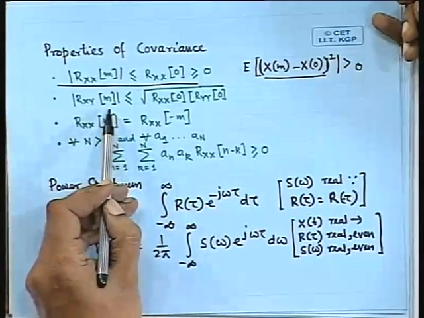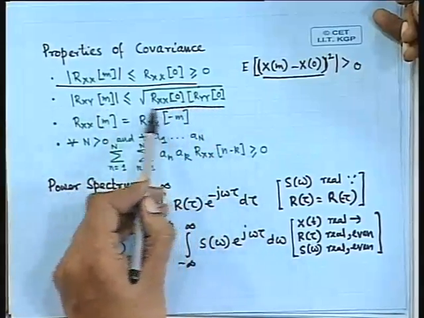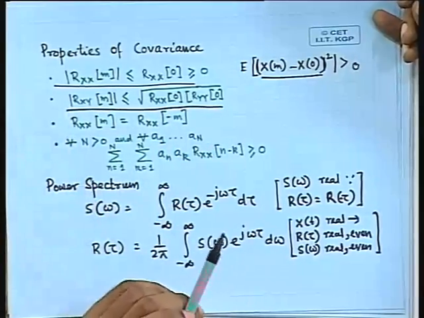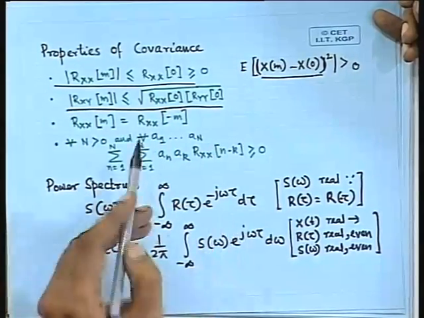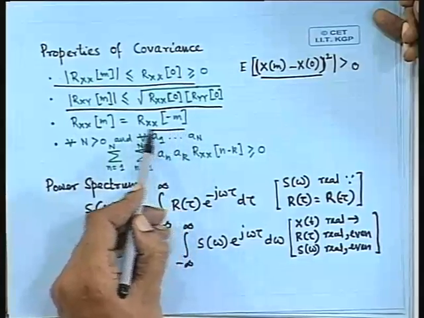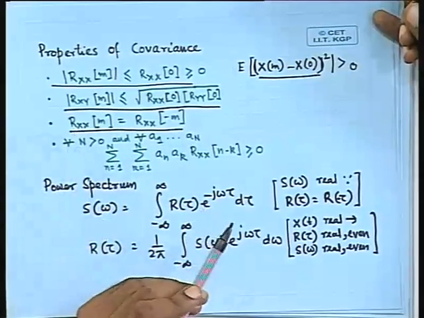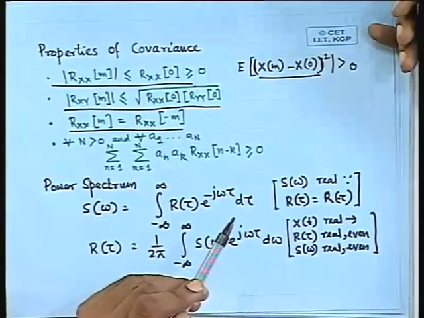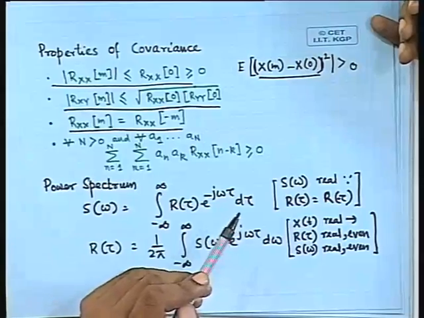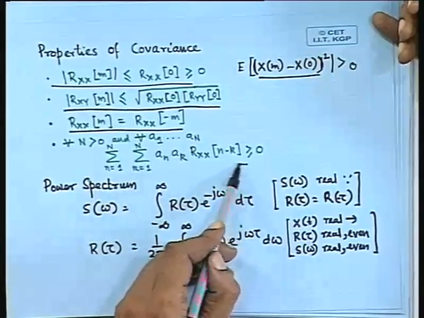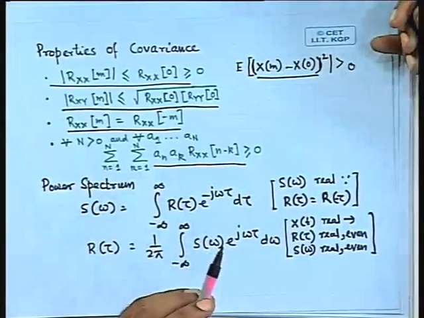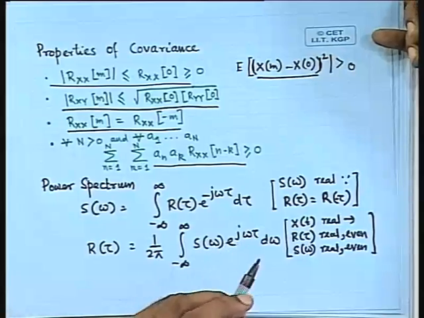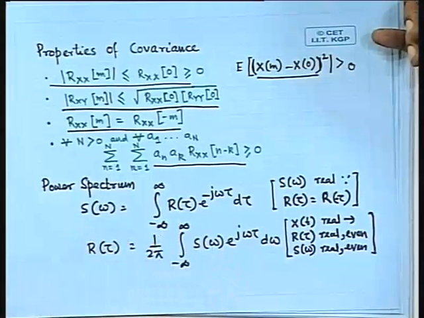Similarly, you can prove that the correlation coefficient is always less than 1. You can also show that it is a symmetric function, Rxx(m) is equal to Rxx(-m), and this is a property which is known as the positive definiteness property of Rxx. Actually, if you put it in matrix form, it becomes simpler to understand.